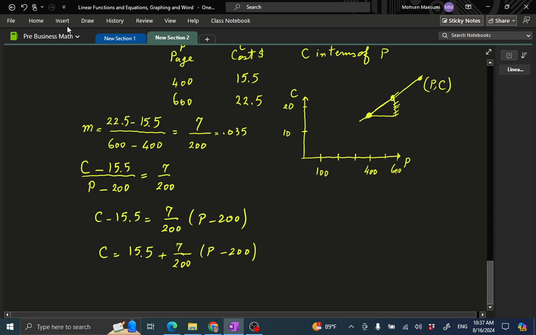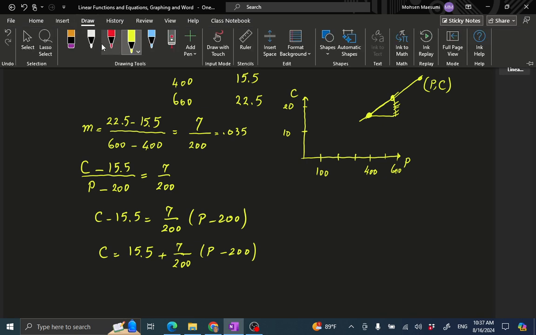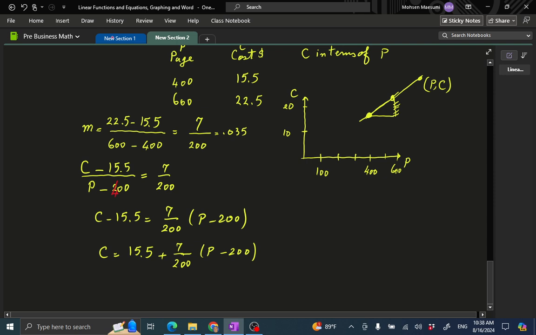Excuse me, I made a mistake here. Let me correct myself. This was 400. Sorry, let me write it in red so that the correction is clear.